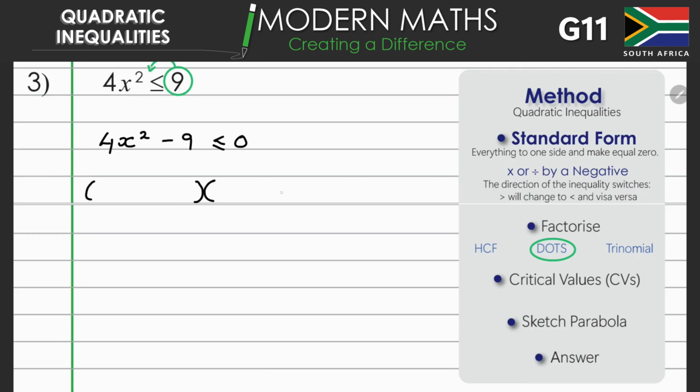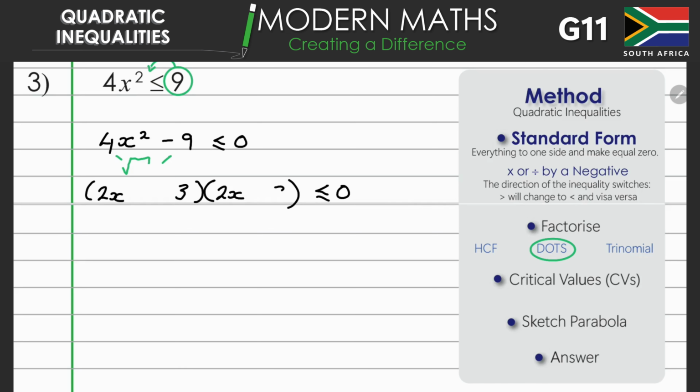So I'm going to do my shell of brackets, and then I'm going to square root each one. So if I square root 4, it gives me 2. If I square root x squared, it's just x. So the square root of 4x squared is 2x, and I chuck that in front of both brackets.